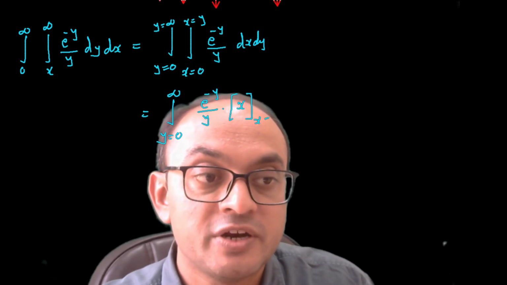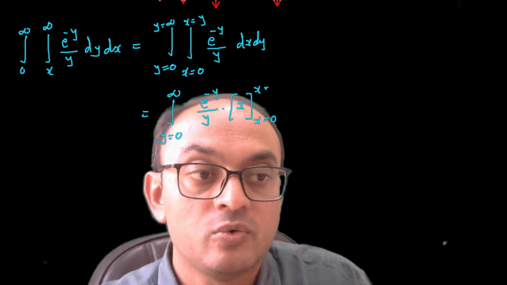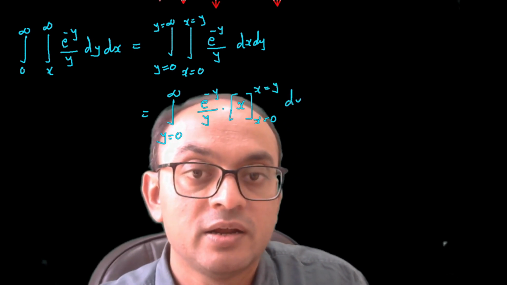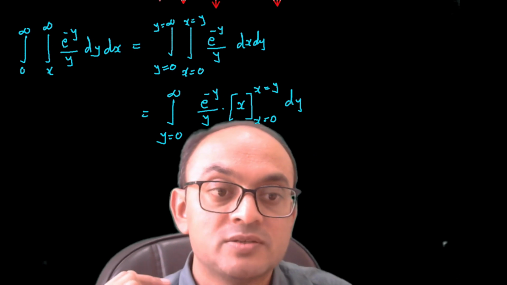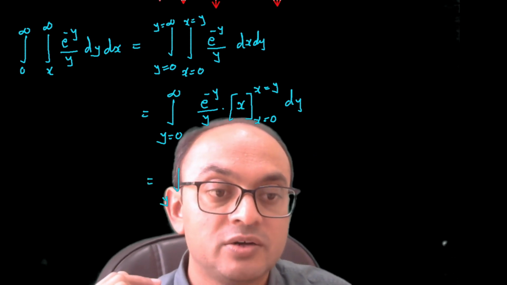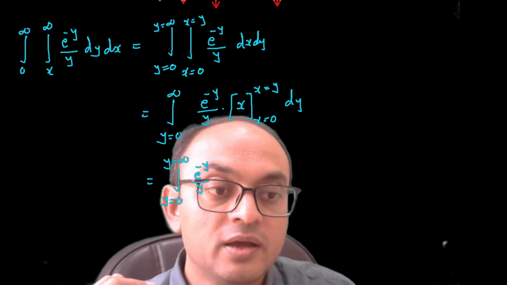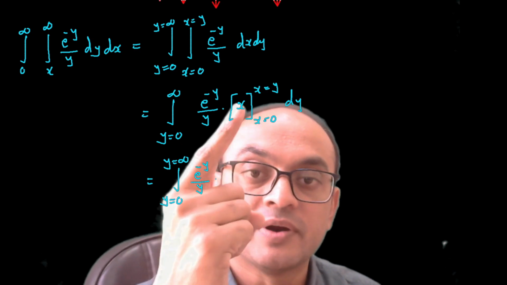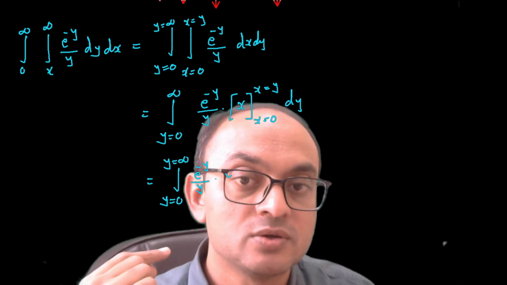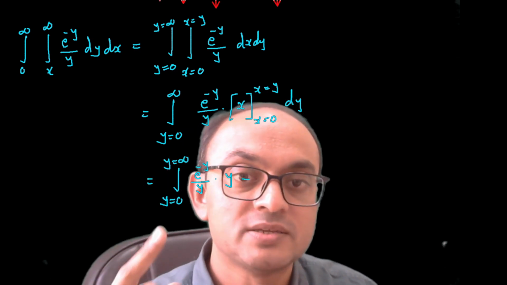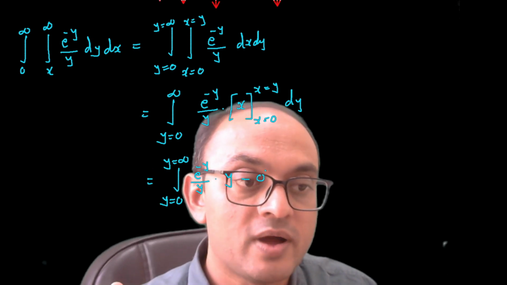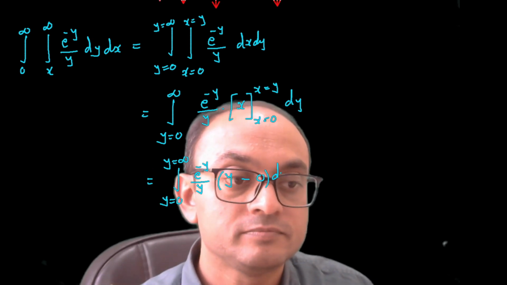And then I substitute x is equal to 0 to x is equal to y, and dy is remaining. So this is equal to integration y is equal to 0 to y is equal to infinity e raised to minus y upon y. Let us substitute the limit, upper limit x is equal to y, so this is y, minus x is equal to 0, so y minus 0, dy.